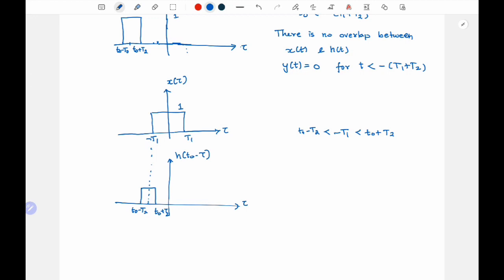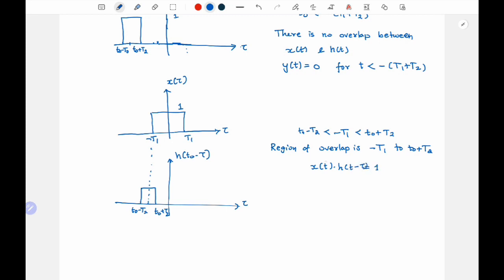And what is the region of overlap? The region of overlap is minus t1 to t naught plus t2. And x of tau into h of t naught minus tau in that region is actually 1, right?